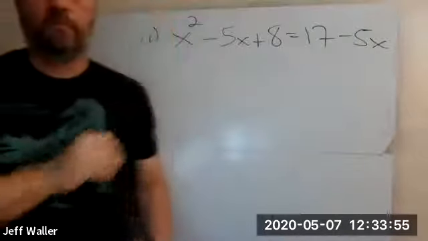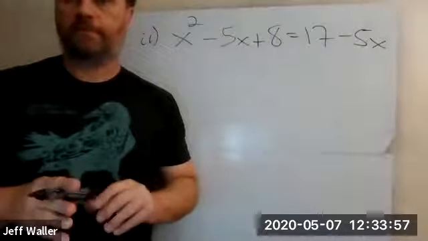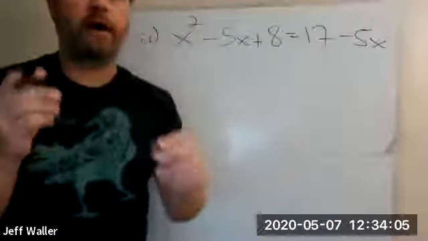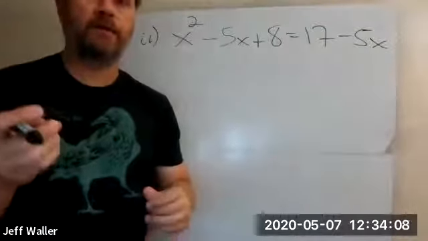So what piece of this is different? What tells me I have to do something different? X squared? Yeah, it's got an x that's got a different power, a higher power than 1.